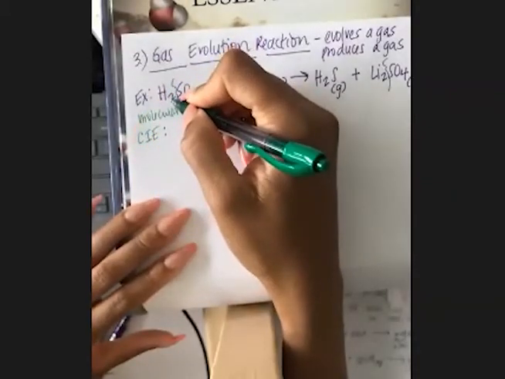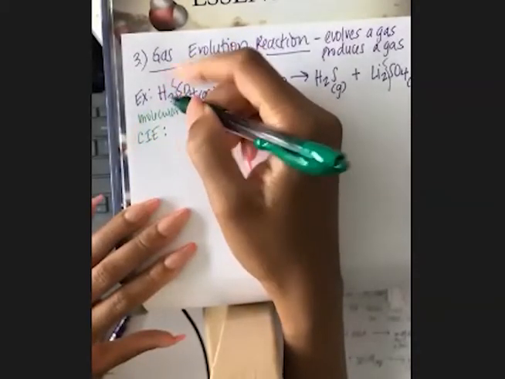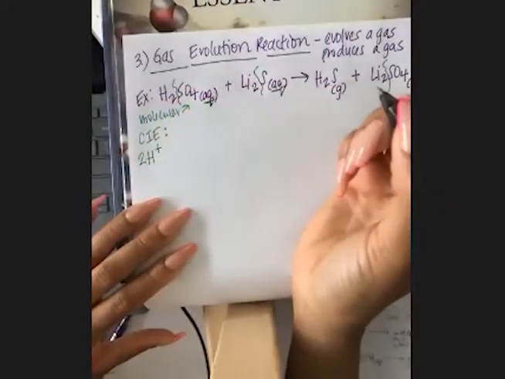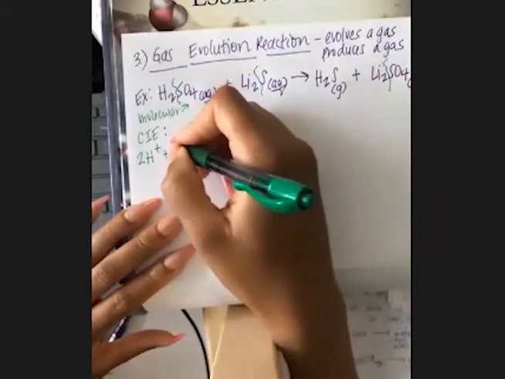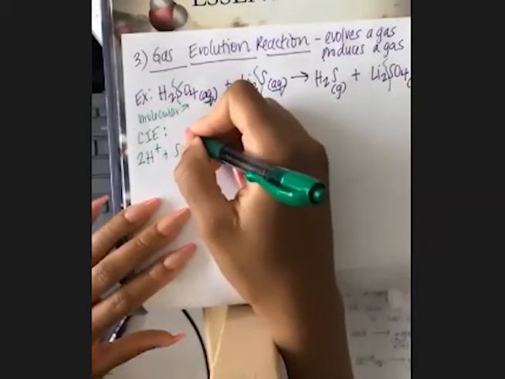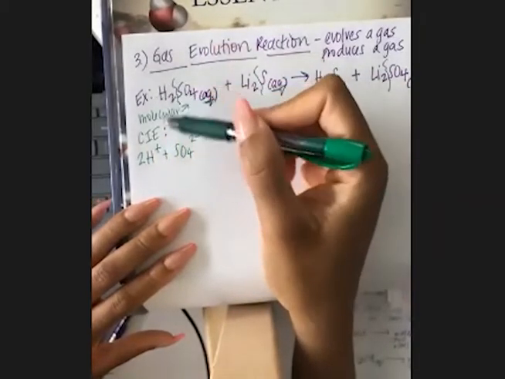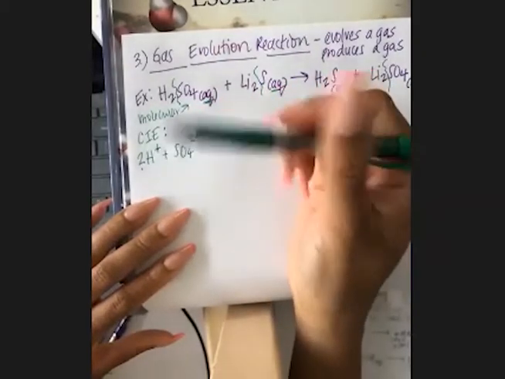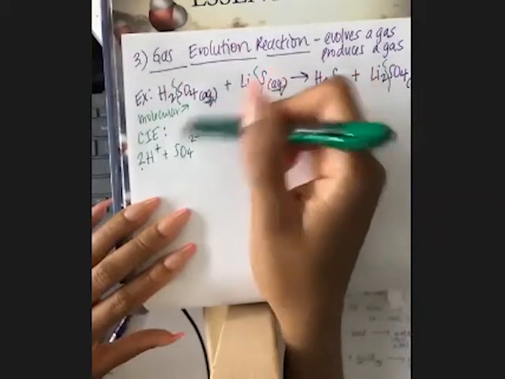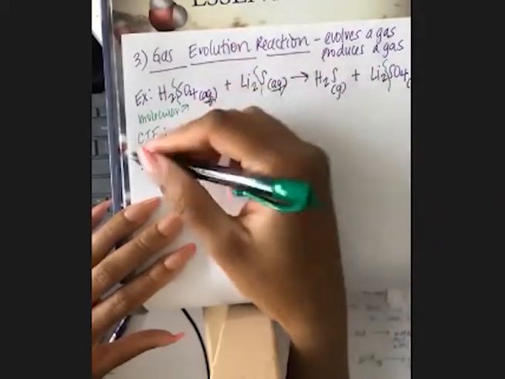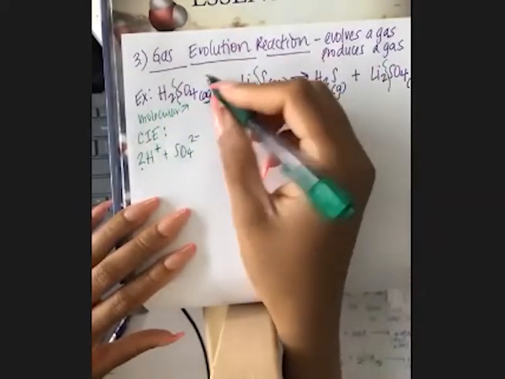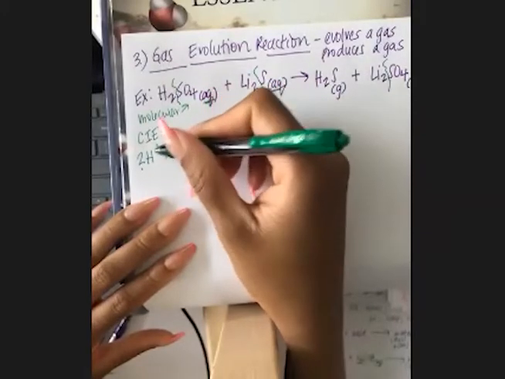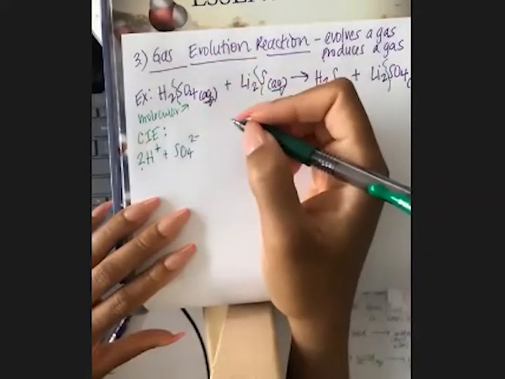For instance, the sulfuric acid, when it breaks apart, forms 2 hydrogen ions plus 1 sulfate ion. It's important to put how many of each ion and the correct charge. You're actually supposed to put aq under each one, but I usually run out of room. I'm not going to trip if you don't put the aq, but make sure you put the correct charge and the correct number of each ion.